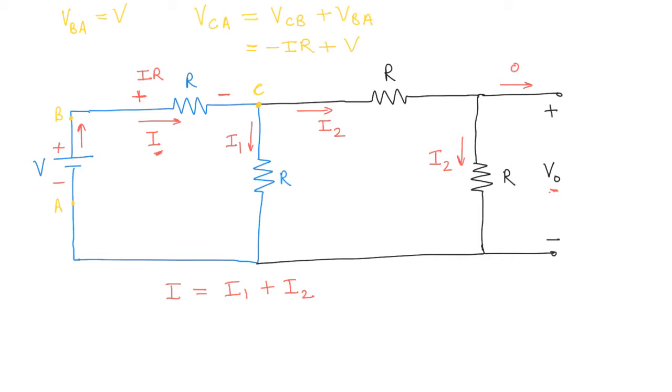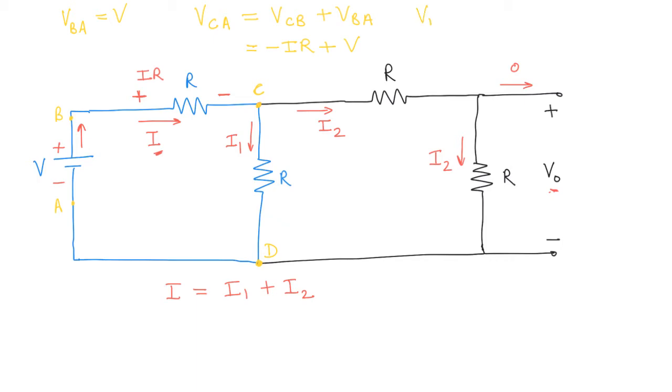Okay, now let's think about what is the potential of point D with respect to A. And again, what we can write is a sum of this potential VBA added to the potential VCB added to the potential VDC. Okay, so let's just write that down.